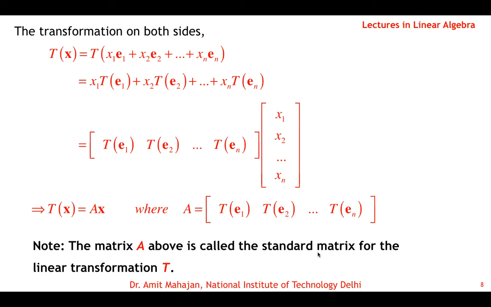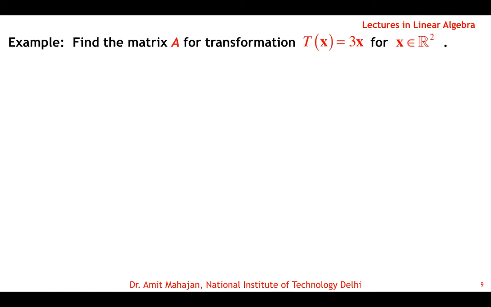We take one example here to explain this: find the matrix A for the transformation Tx equal to 3 times x for x vectors in R2. So x is a vector in R2, that means x is of the form x1, x2, and the identity matrix of R2 is 1 0 0 1, so we will get only two columns, E1 and E2.